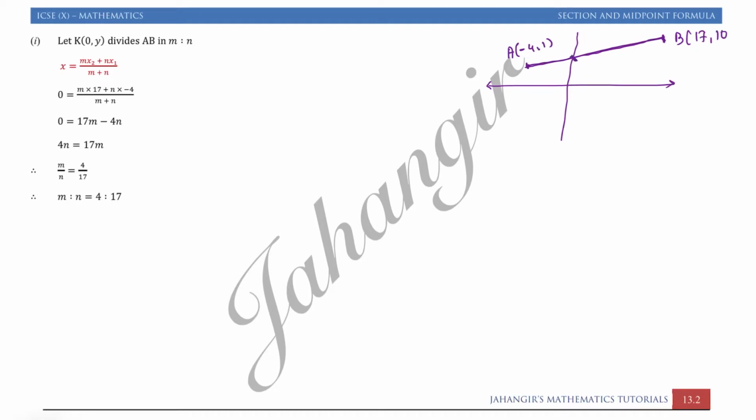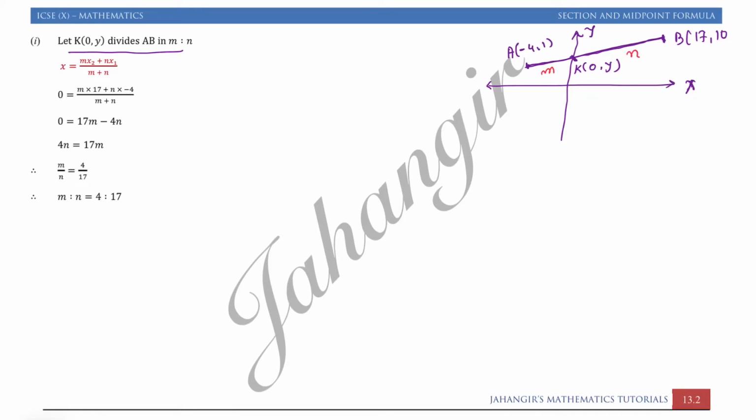This is the point where it intersects the y-axis. This is the y-axis, this is the x-axis. Horizontal is the x-axis. So we will say let a point K which is 0 comma y divide AB in the ratio of m is to n.